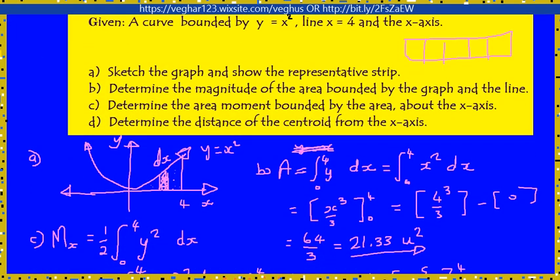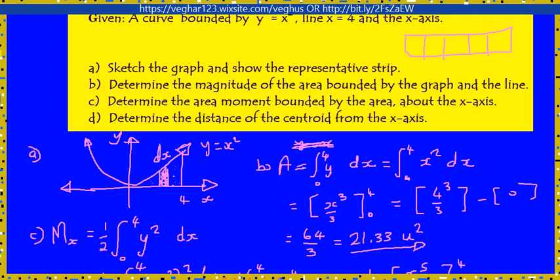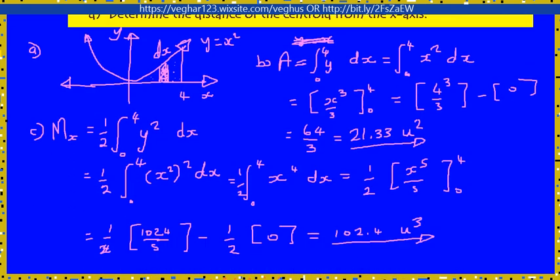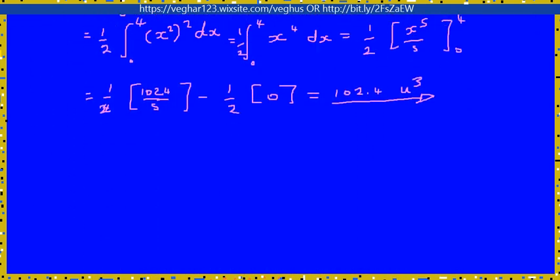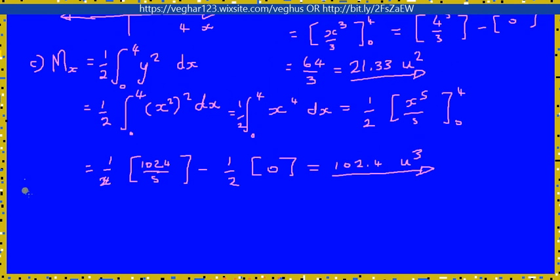And then the last question is determine the distance of the centroid from the x-axis. If they say from the x-axis, it's y bar. If they say from the y-axis, it's x bar. So vice versa, and take it like this. So we are looking for y bar.